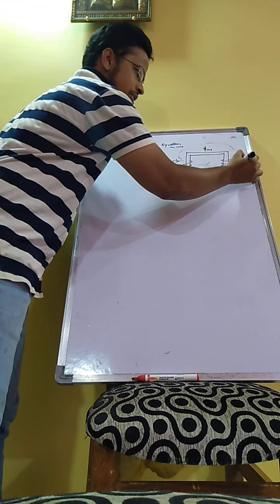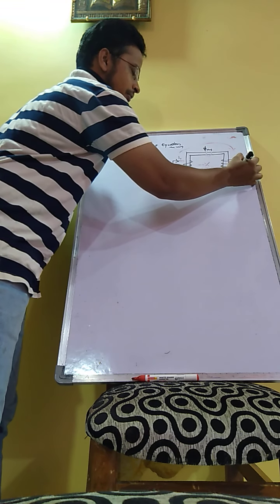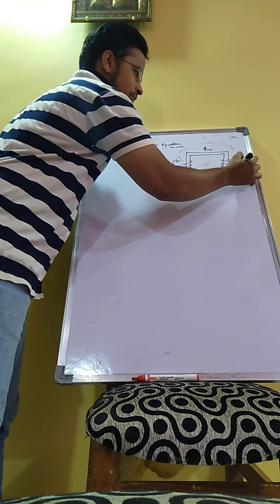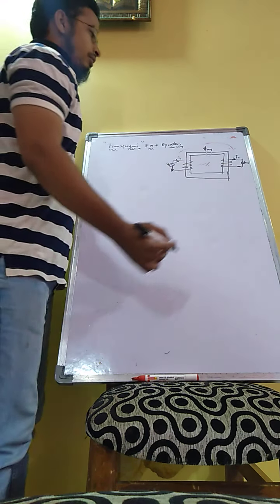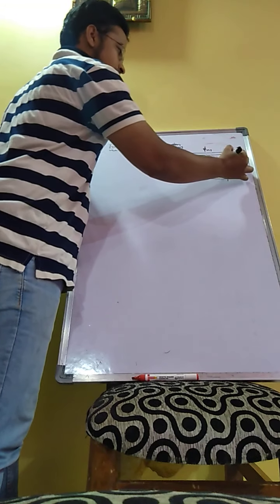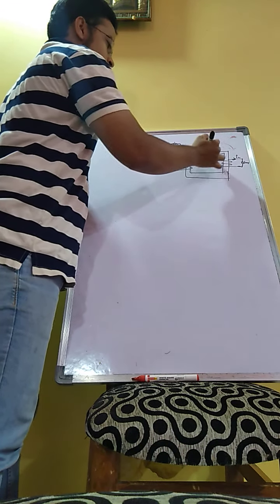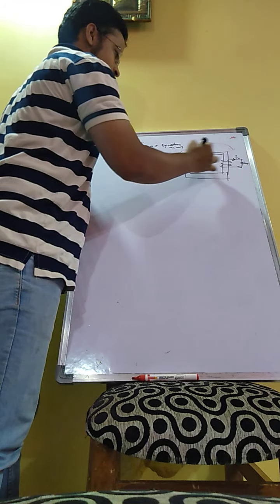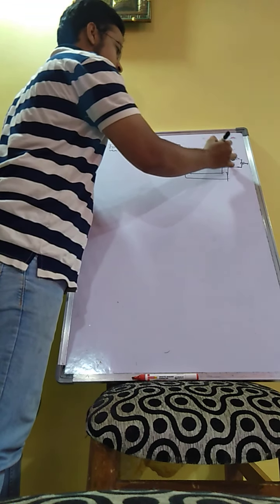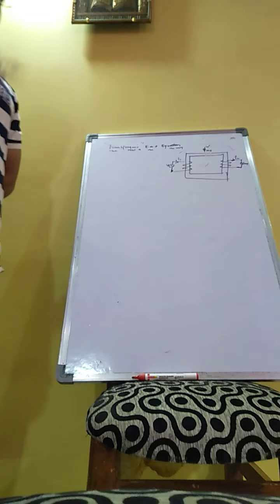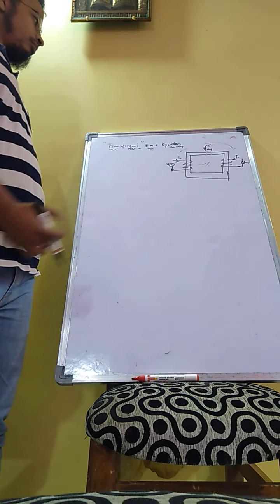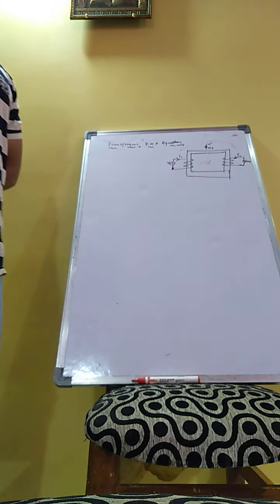When the secondary circuit is short circuited, only then will current flow. Based on I2, again you will get some flux, and these two fluxes cancel with each other. The major neutralized flux is phi m. That is another topic, but now our main topic is the EMF equation.